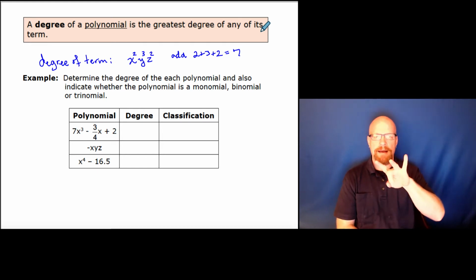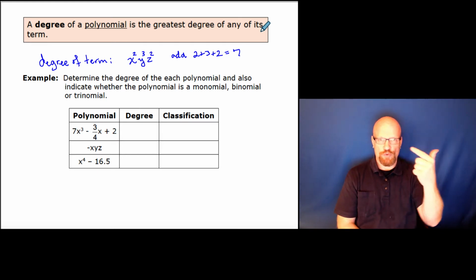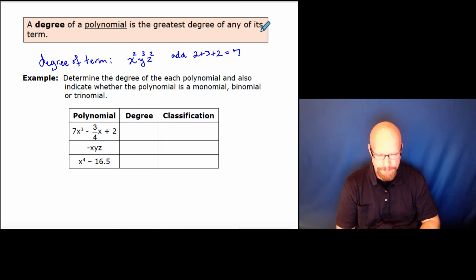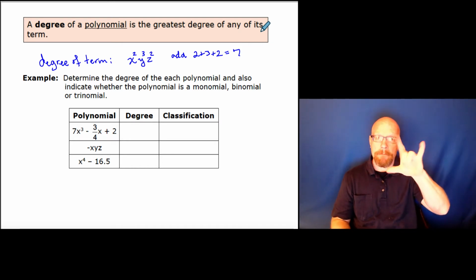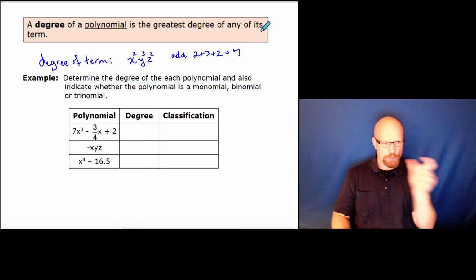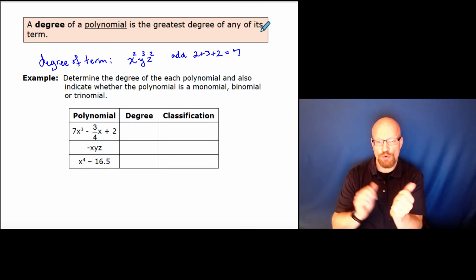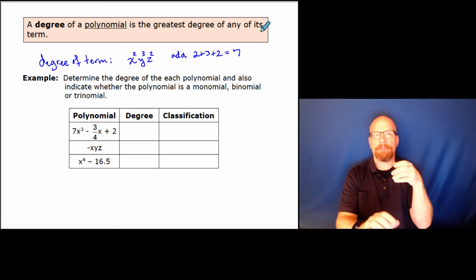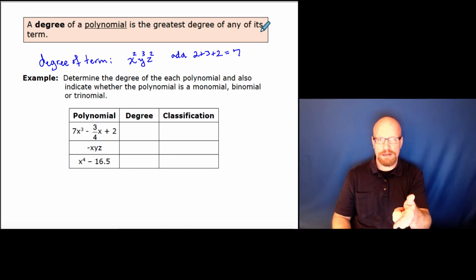So this term here, x squared y cubed z squared, is a 7th degree term. Now a polynomial, all of the terms have their own degrees. You pick the highest degree of each of the terms.